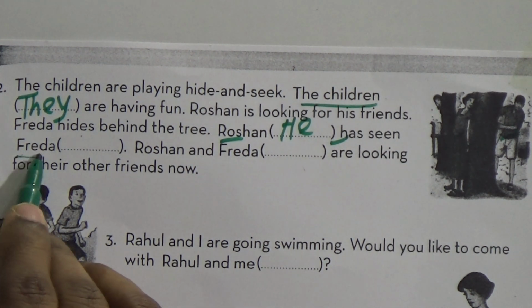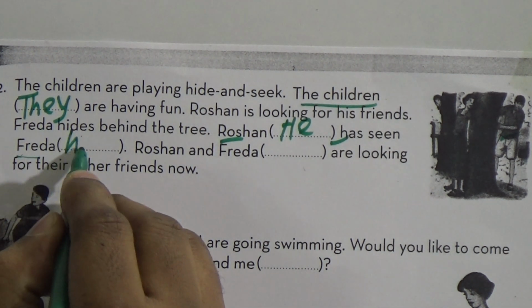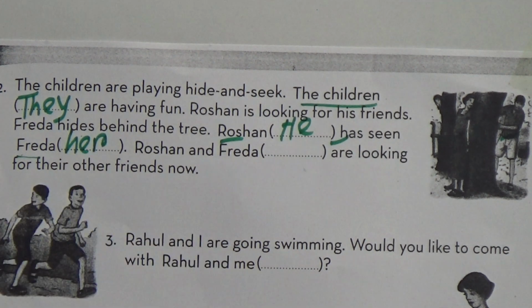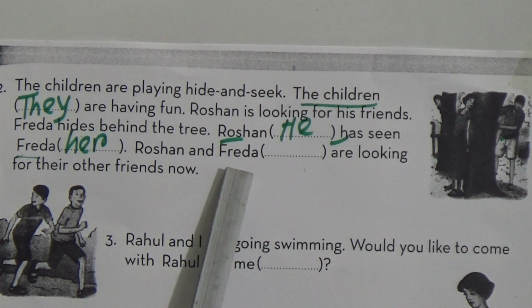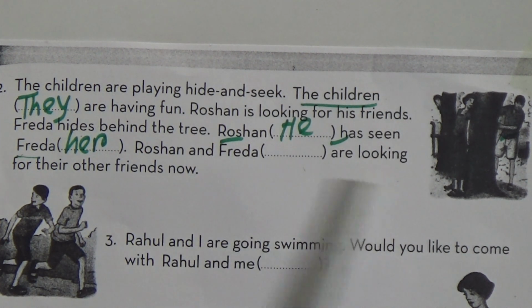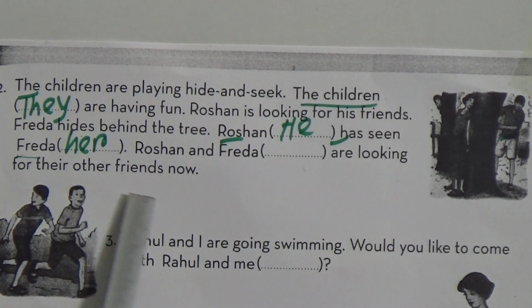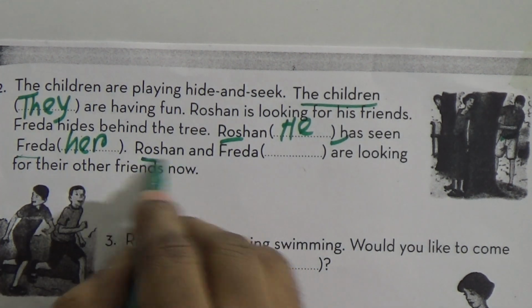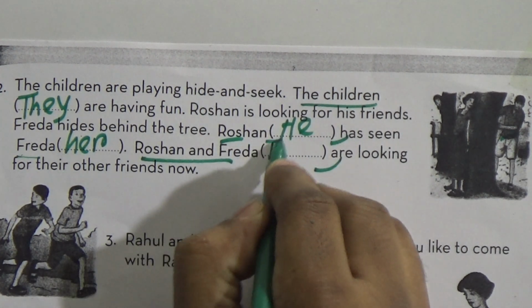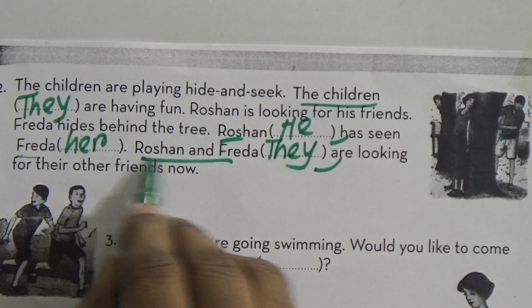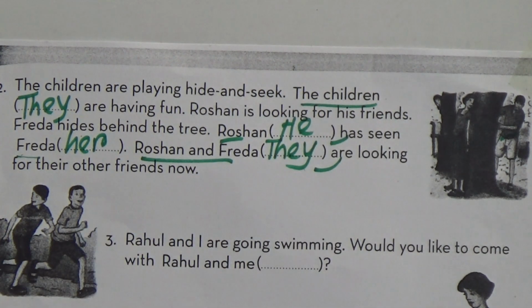So as Fida is a girl, we have to use her instead of Fida. Roshan and Fida are looking for their other friends now. So Roshan and Fida, one or many, a lot of, and for the subjective pronoun we have to use they because the subject belongs to many. They are looking for their other friends now.